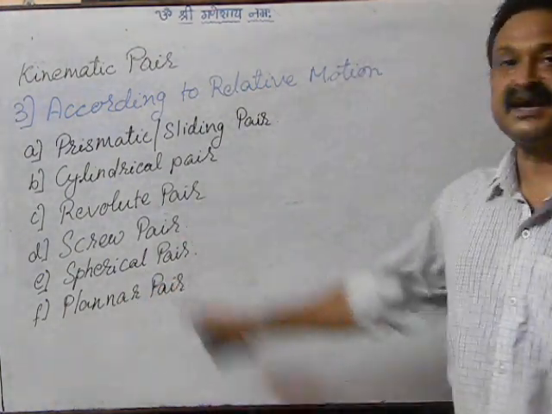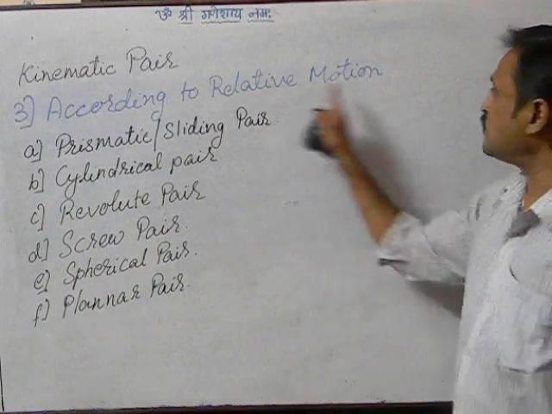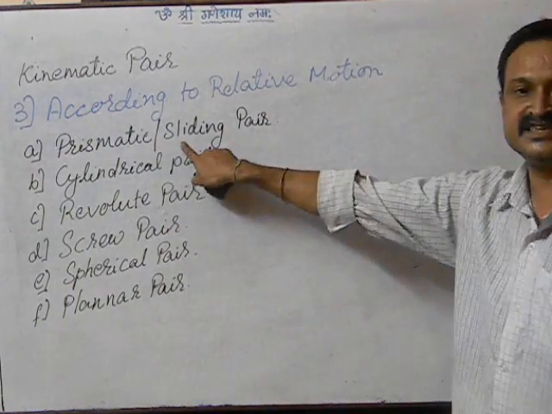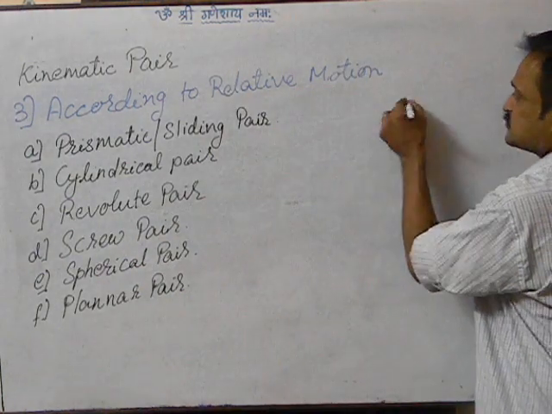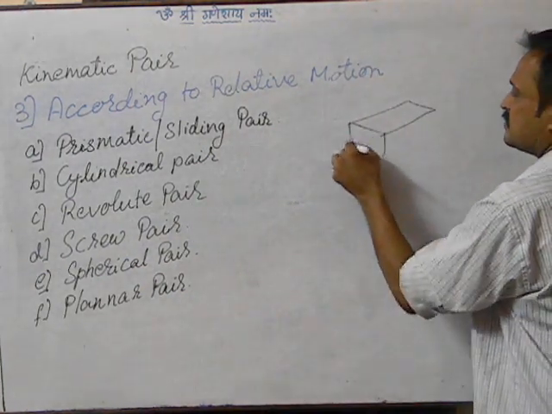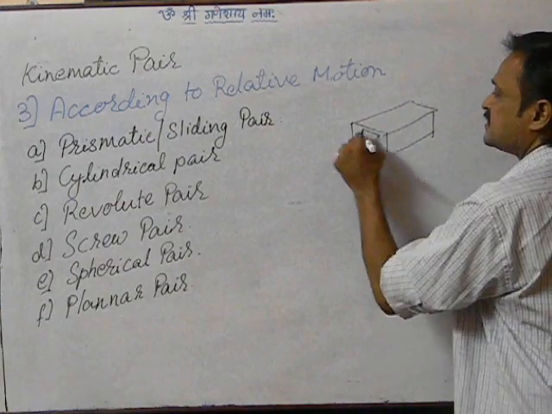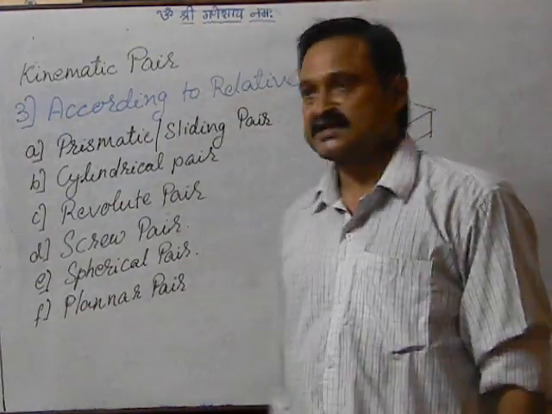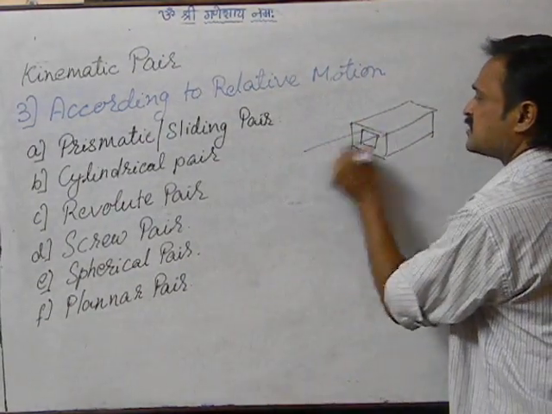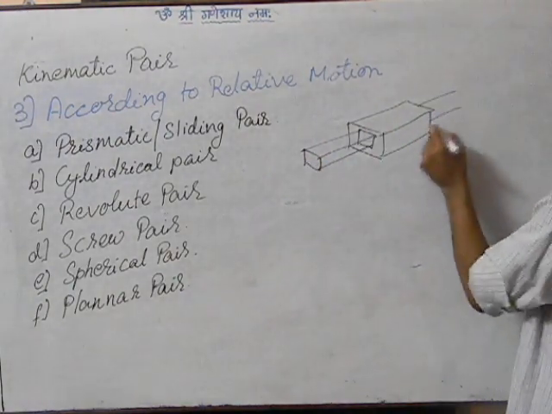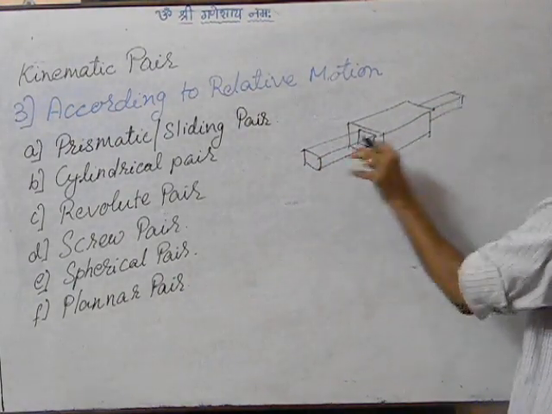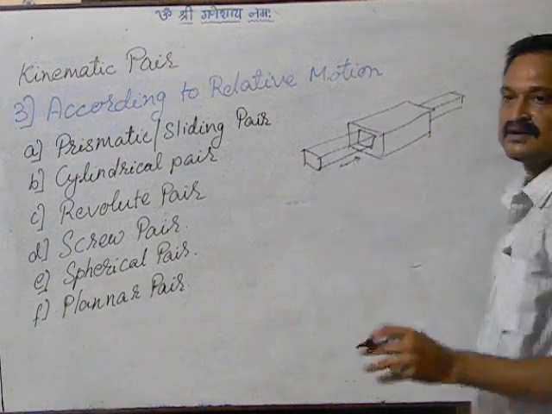Now what is a prismatic pair or sliding pair? According to relative motion, it suggests the relation between the two members is of sliding nature. Like I have quoted the example, if this is link number 1 and there is a rectangular cross section, this link number 2 inside this one is going to have only sliding motion, right?